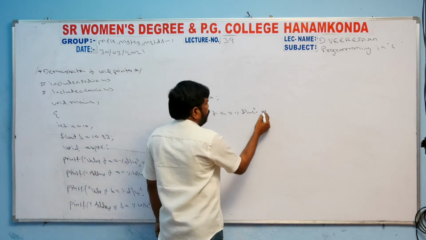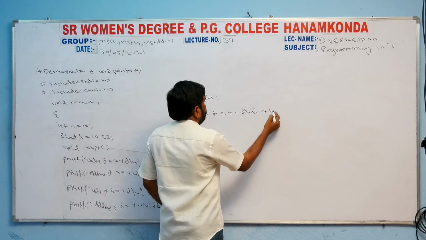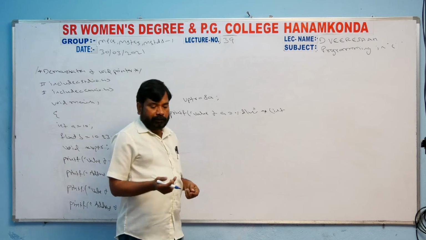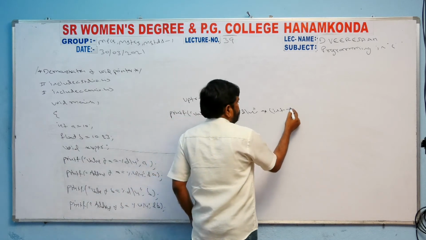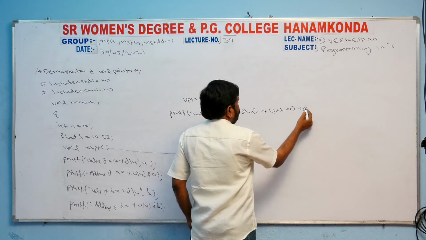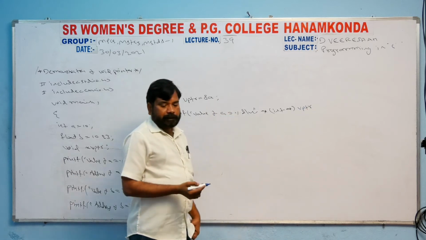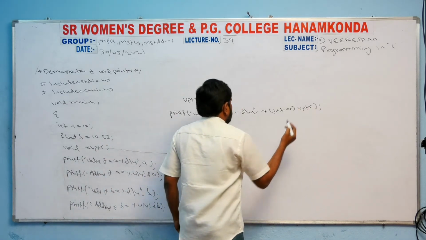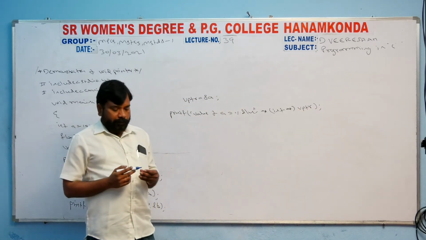Now the syntax is star, and in this you give the data type, now integer. Is it right or not? Star integer, again star, then close it. Then the variable name is void pointer. So what is the value it contains inside of that? That will be printed.